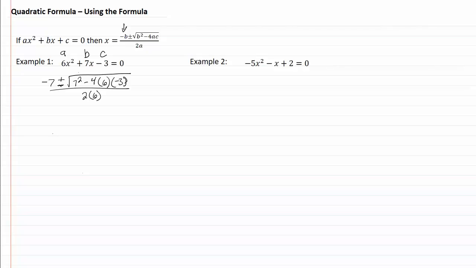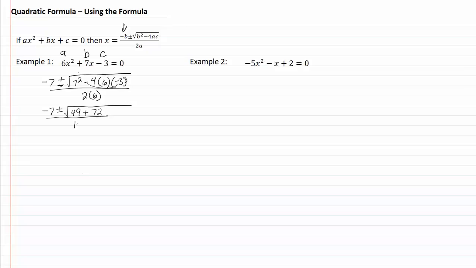Now we need to start figuring this out. So we have negative 7 plus or minus. 7 squared is 49. I have 2 negatives here, which is going to give me a plus. And since I'm doing this by hand, I'm going to do 4 times 3, which would give me 12, and 12 times 6 is 72.